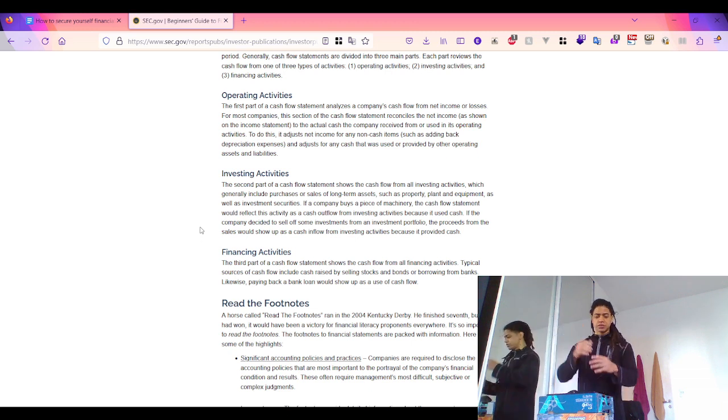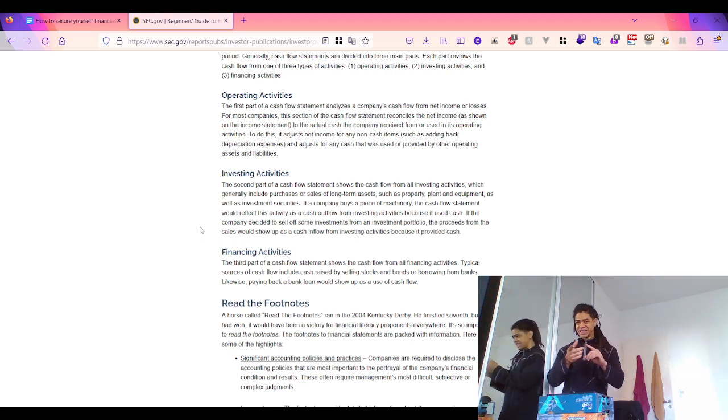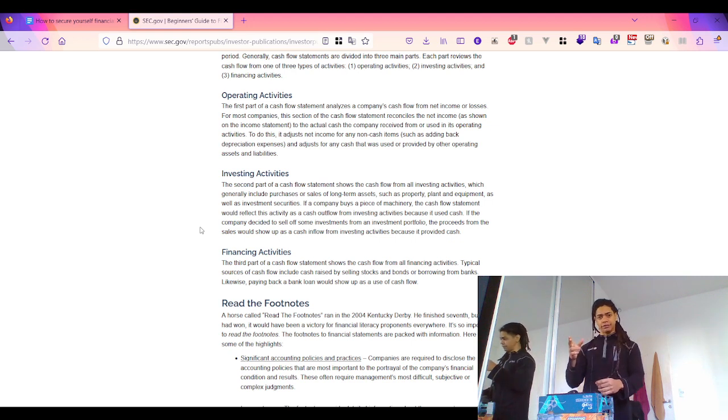And then I look at the investing activities, which is the second part of the cash flow statement, and generally review the cash flow from purchase or sale of long-term assets.